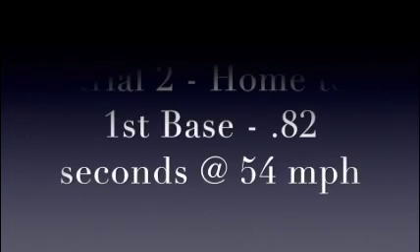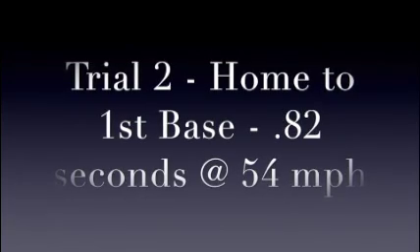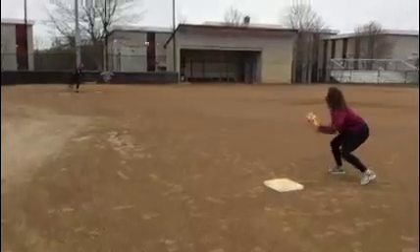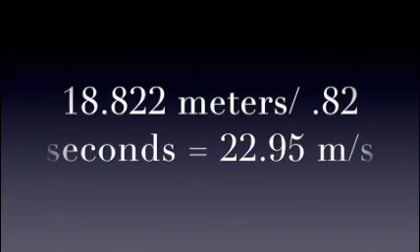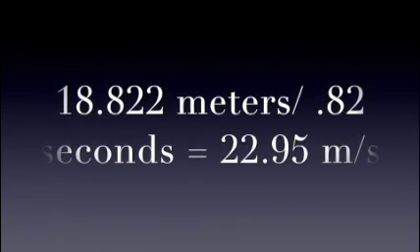For trial 2, the ball was again thrown from home to first base with an average time of 0.82 seconds at 54 miles per hour. 18.822 meters divided by 0.82 seconds equals 22.95 meters per second.